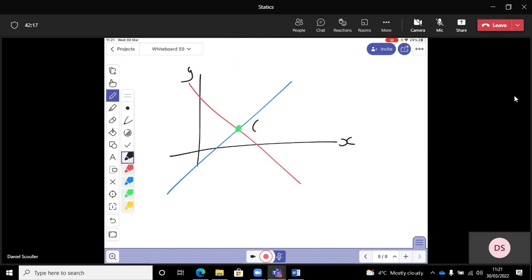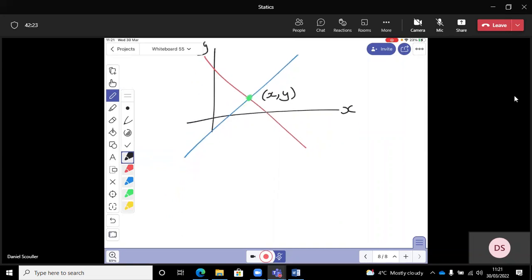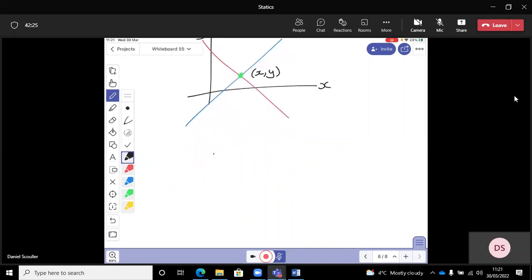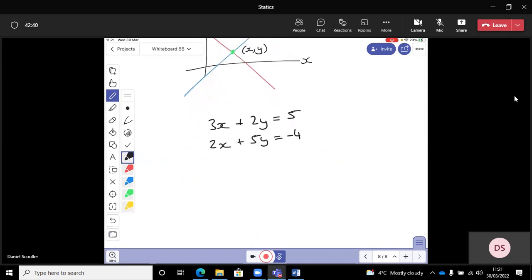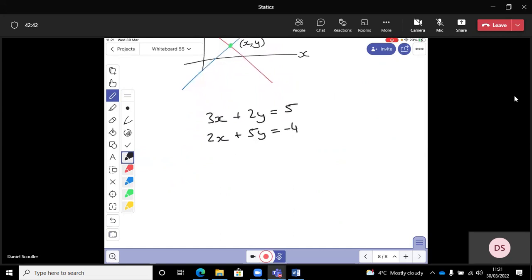They're looking for that coordinate. So with 3x plus 2y equals 5 and 2x plus 5y equals -4, they're looking for you to work out what x and y is when those lines are at the same point.